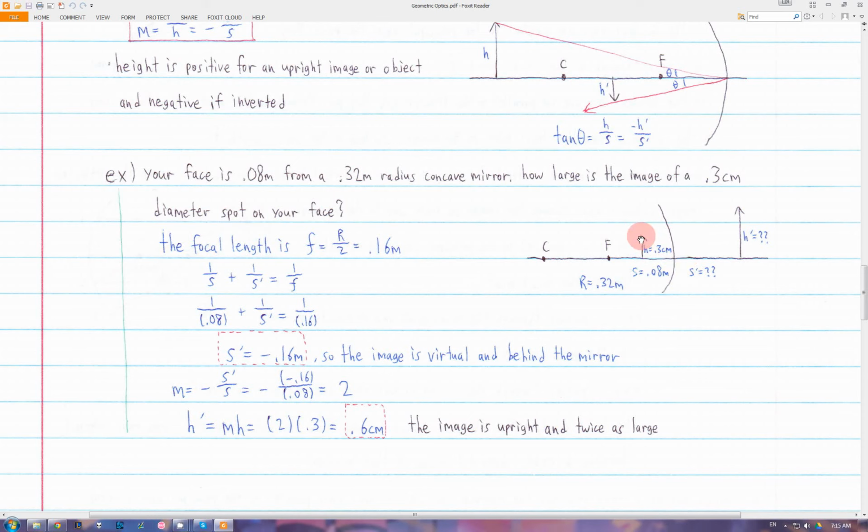And the last one we can draw is one that reflects through the center of curvature, along the radius. We can't draw the fourth one, which is through the focal point, because obviously the object is already in front of the focal point. And so if you drew all those rays, and you extended their lines back behind the mirror, then they would appear to diverge from this point. So all you have to do is draw those easy rays for a diagram.